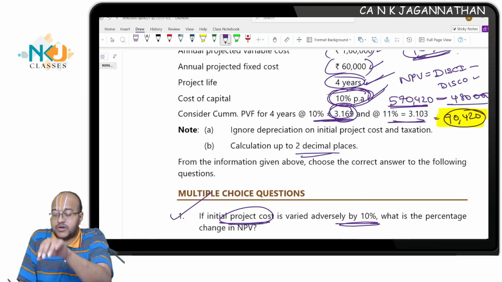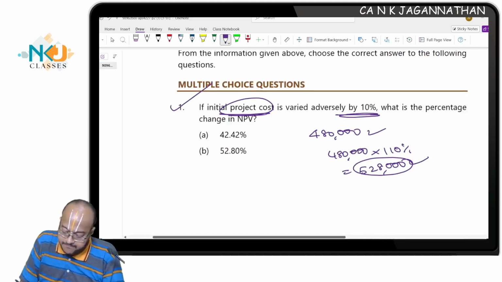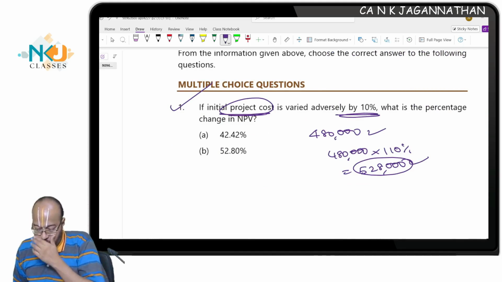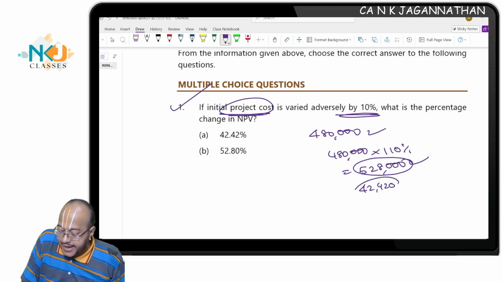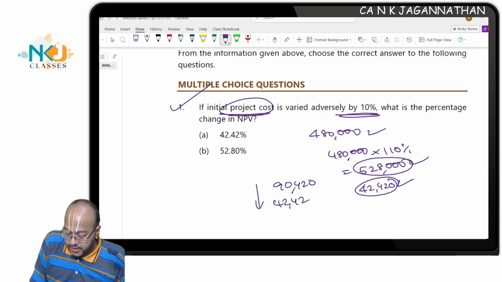Discounted outflow becomes 10% higher, 5,28,000. So I get 42,420 as the revised NPV. Earlier the NPV was 90,420. That dropped to 42,420. Are you all understanding?